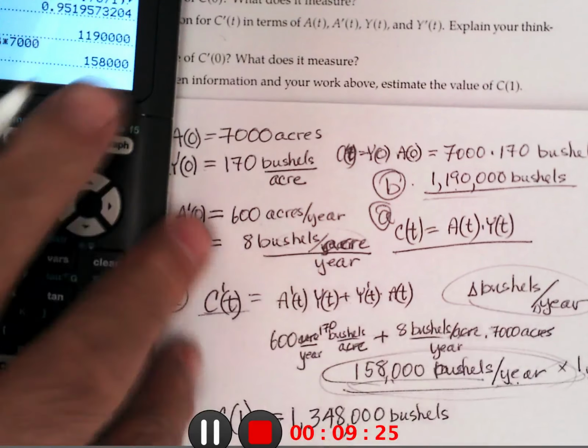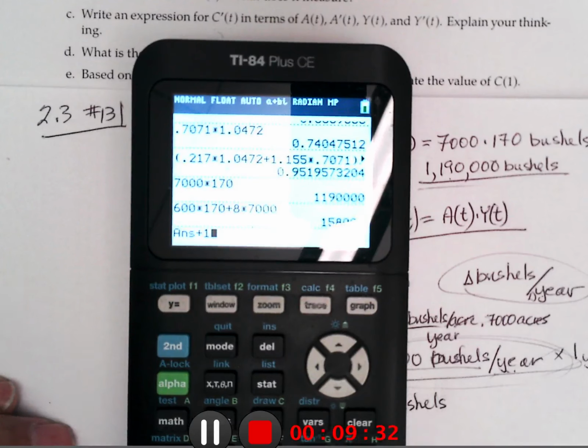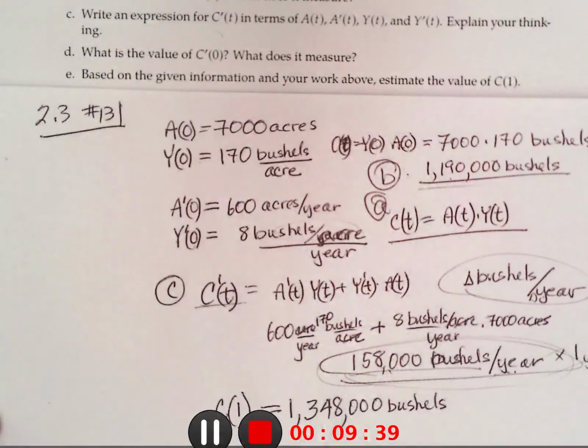Let's see if I added those right. 1,348,000 bushels. Yeah. Okay, that was 13.